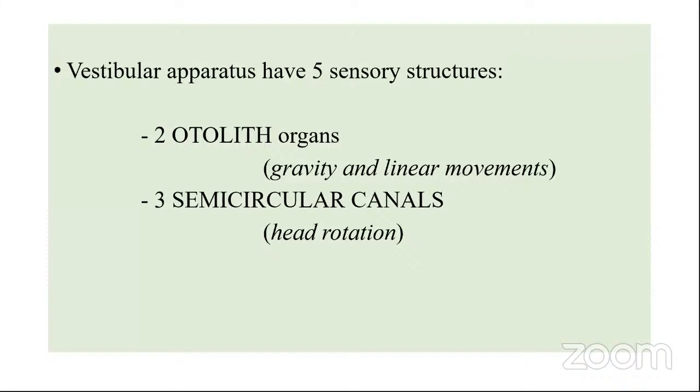The sensory structures present in the vestibular apparatus. There are 5 sensory structures: 2 otolith organs. They dictate gravity and linear movements.